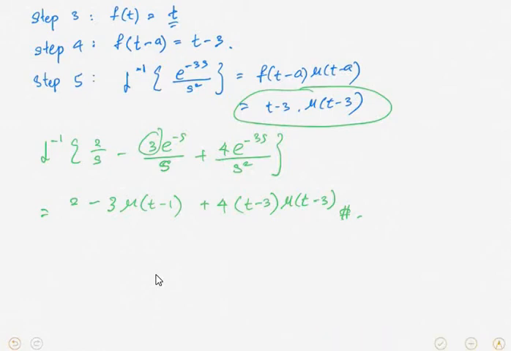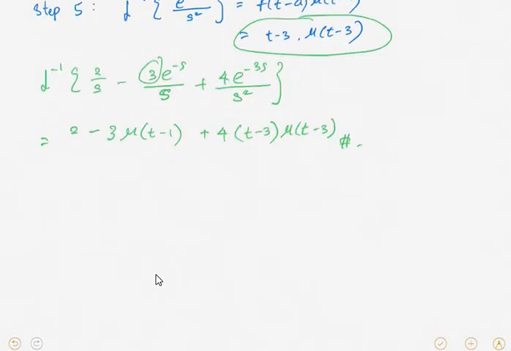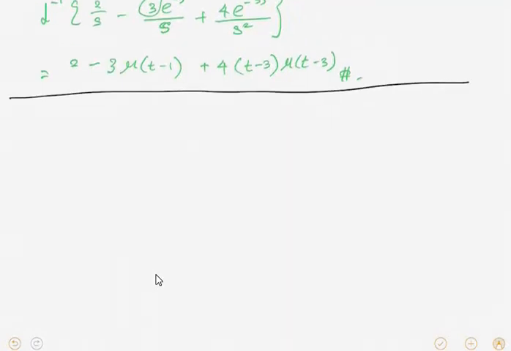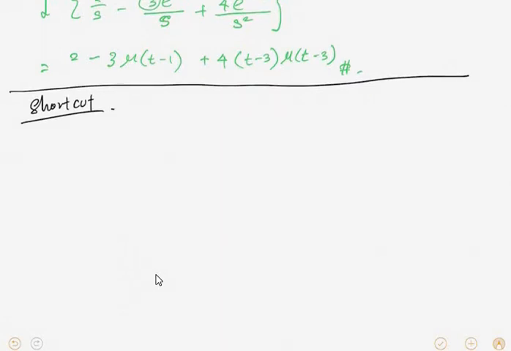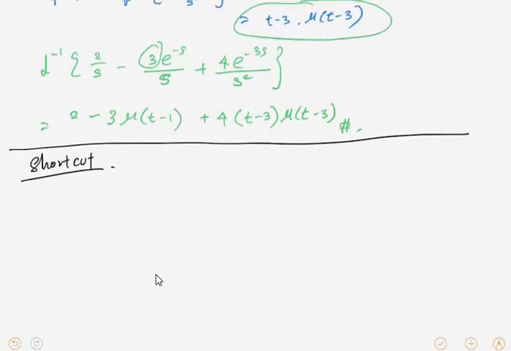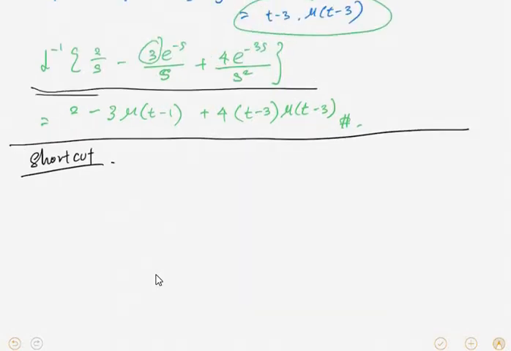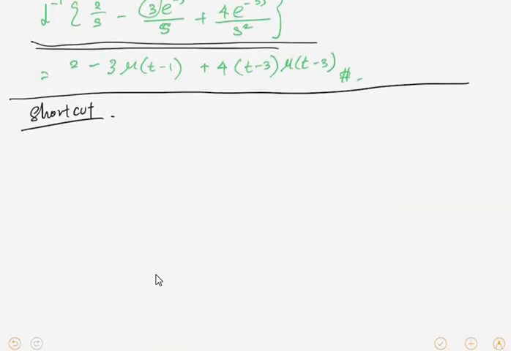What if you don't want to? If you want to do the shortcut, I can also show you how to find it using the shortcut. Using the same expression, we need to know the inverse Laplace transform of exponent negative s over s.